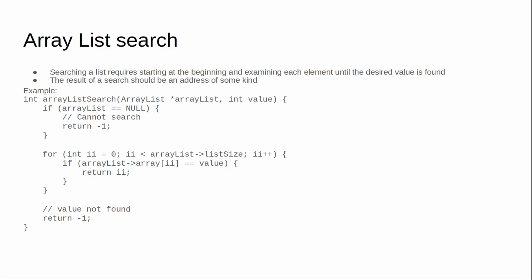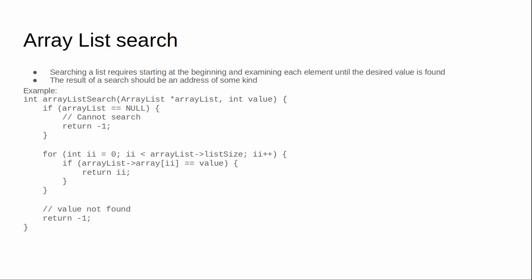Okay, let's talk about this search algorithm. Again, as always, check your parameters, make sure that they're valid. If the array list was null, we're done. We will return -1 as the index. Obviously, -1 is not a valid index of an array, so that indicates that we weren't able to perform the search. We weren't able to find the value that was requested.